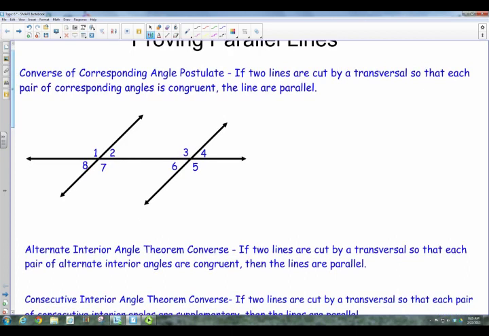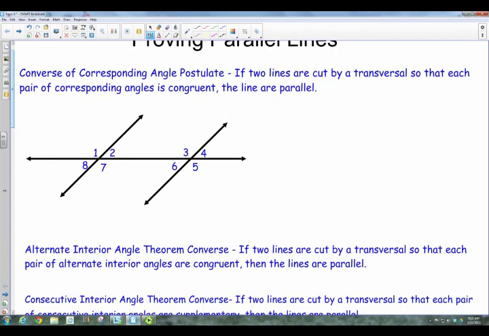It's called the converse of corresponding angles postulate. It says if two lines are cut by a transversal so that each pair of corresponding angles is congruent, the lines are parallel. The one in the last section said if they are parallel, then those things are congruent. So it's the backwards of this.